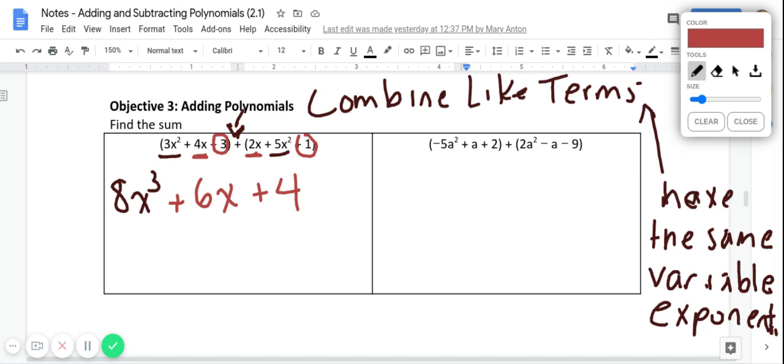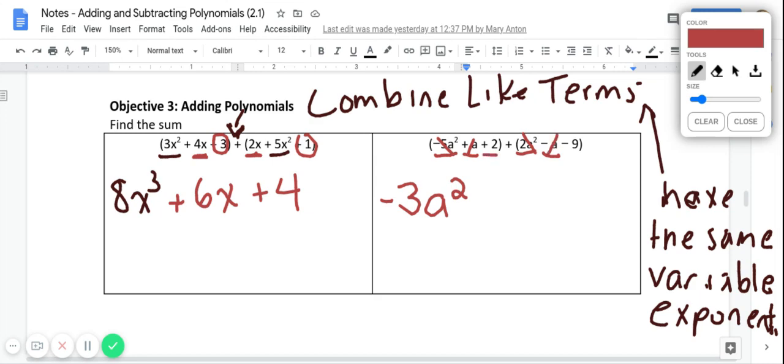Let's try this one. So we have 2a squared terms. So this is negative 5 plus 2a squared, which is going to be a negative 3a squared. All right, so those are accounted for. Now we have a plus a minus a. This is like plus 1 minus 1, so that's 0. That's 0a. So those terms actually cancel each other out.